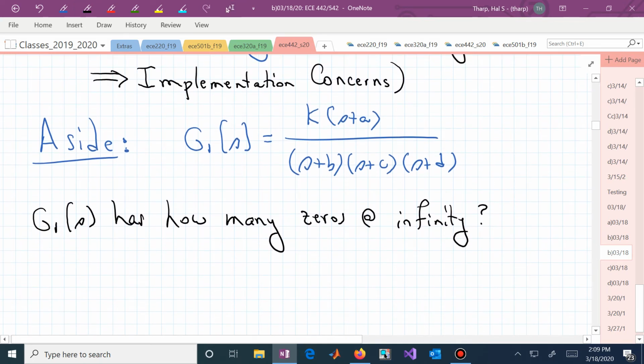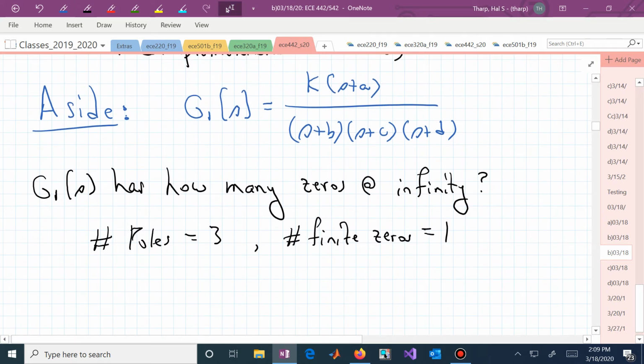And you can look at G1 of S and you can say, in terms of number of poles, it has 3. It has how many finite zeros? These are finite values of S that cause G1 of S to vanish. There's one of those. So you now have a pole zero excess of 2.